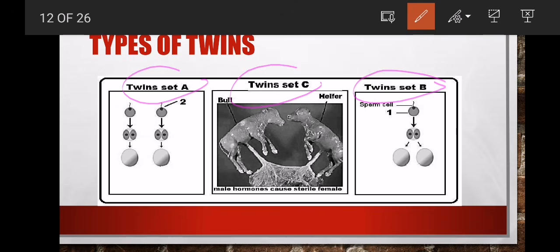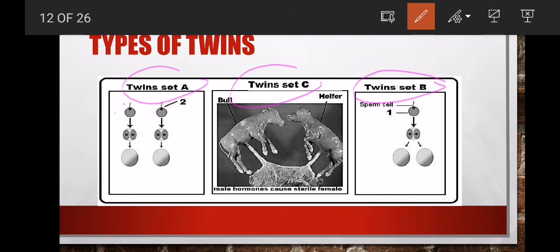Let's focus on A and B. If they ask, what is the name of twin set A? I said to you, good people, count the number of spermatozoa that you see. How many spermatozoa do we see? It's 1, 2. How many egg cells do you see?